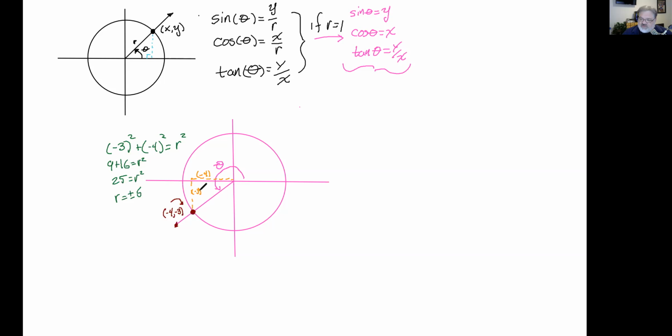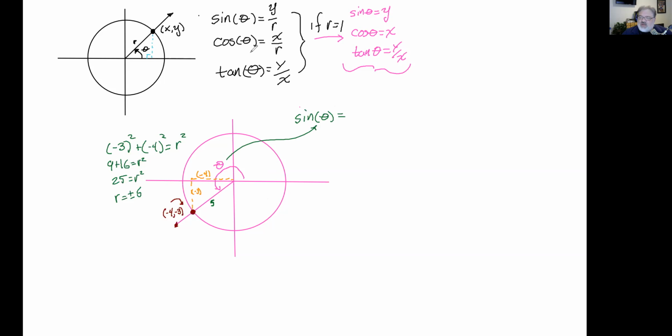Now we're always going to consider our radial lengths positive. The radius of our circle is always a positive length. It doesn't matter which direction it goes in. All the radii are positive. So if we want to find what the sine of this angle theta was, it's not in a right triangle, but that's okay.